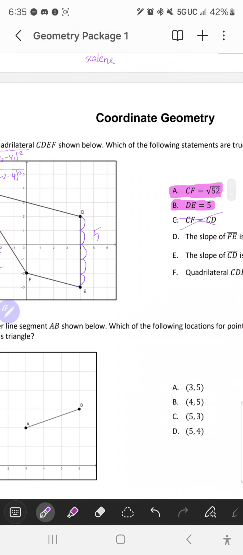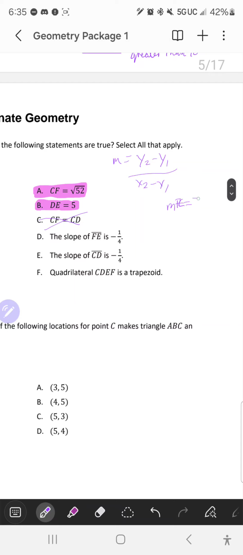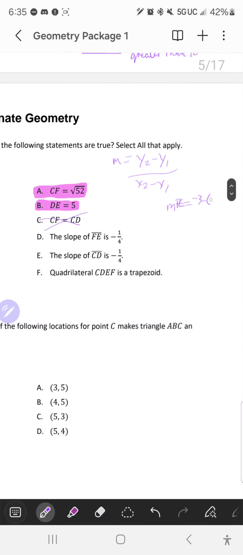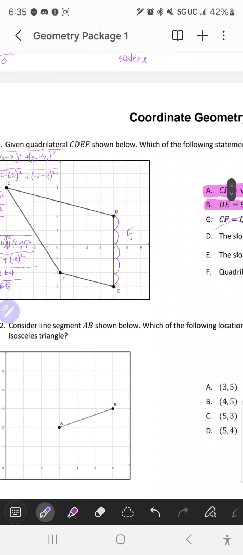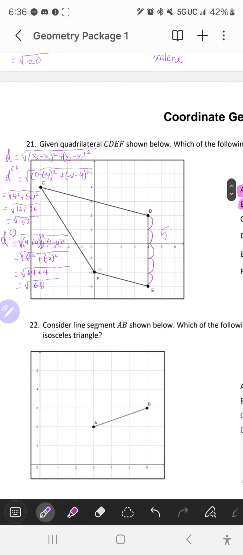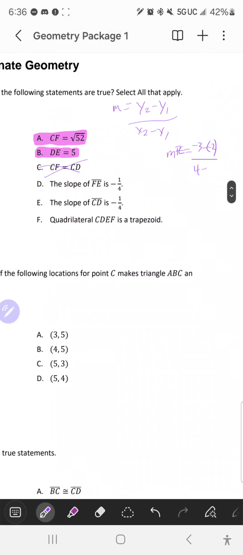Okay, y2 is -3 minus y1, which is -2, over x2, which is 4, minus 0.